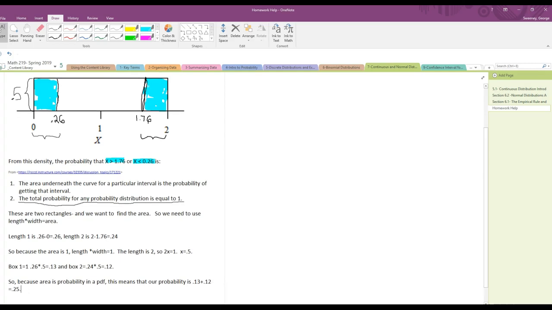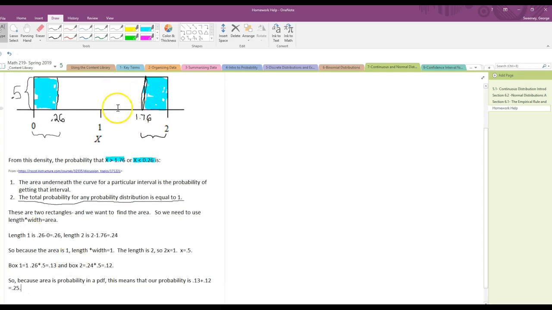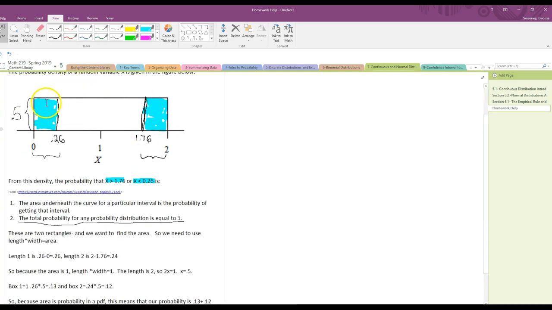There it is, and that is the entirety of our problem. Simply put, we figure out the lengths of the intervals that we are looking for in terms of their probability, from what they've given us. X is greater than 1.76, that's one.